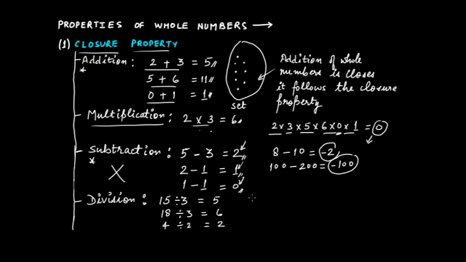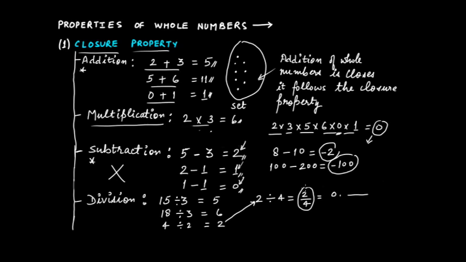But what if you have 2 and you divide it by 4? In this case you are getting 2 by 4, and if you solve it, you would get some number in decimals. I'm not going to discuss that. So you could see that here it's a rational number.